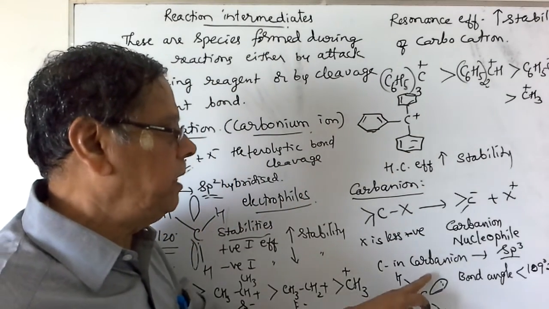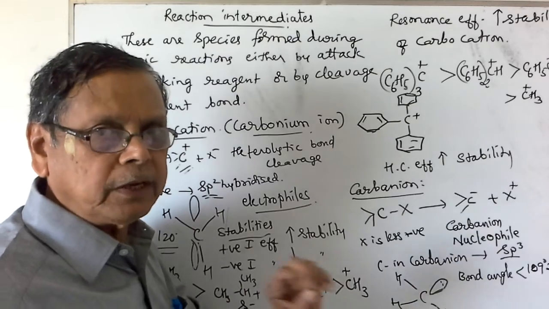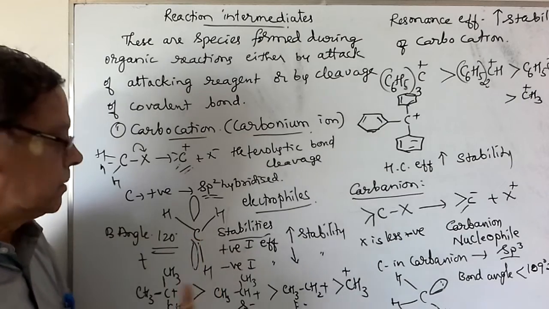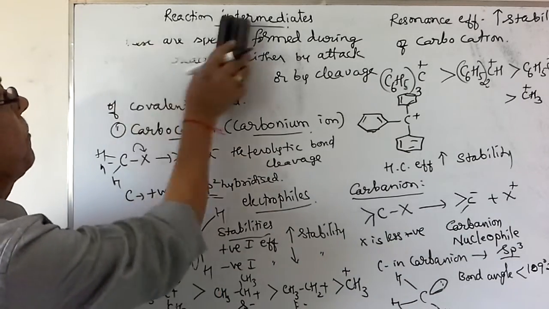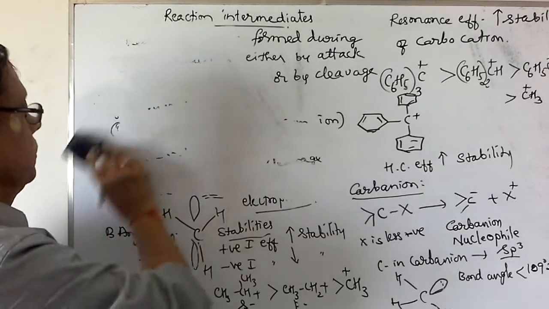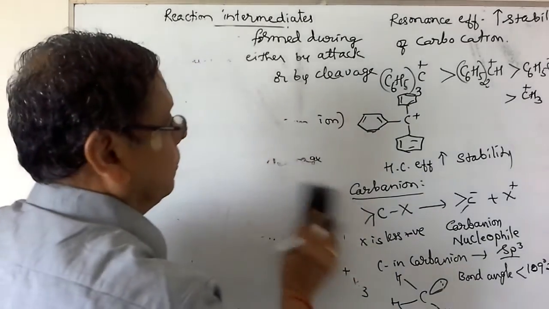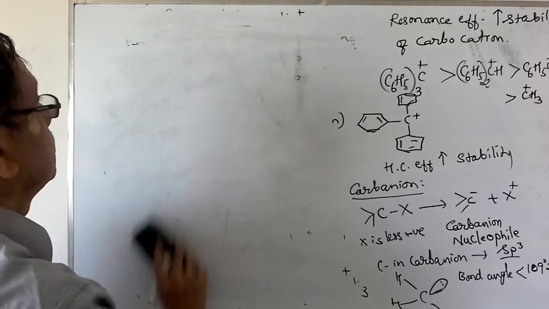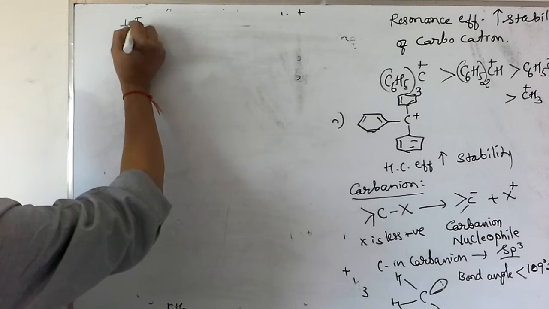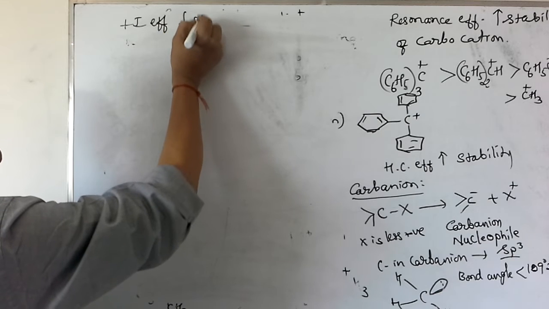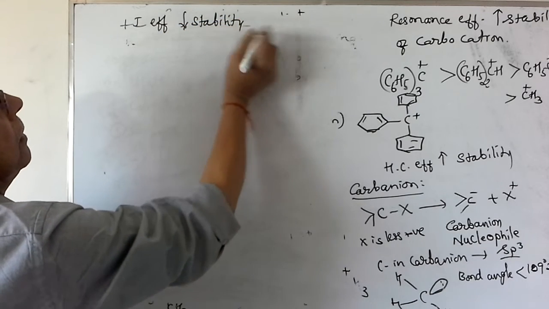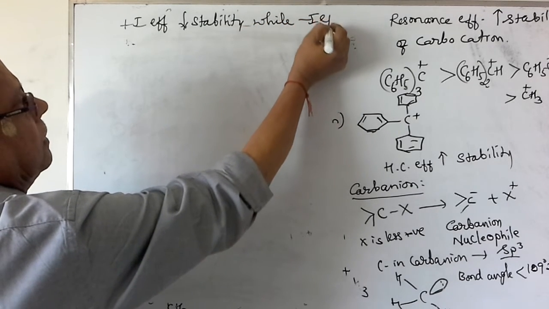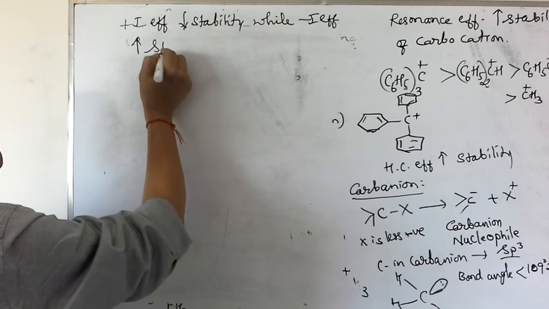Now, if you compare the stability of the various types of carbanions, whatever explanation we gave for the carbocations, it is exactly opposite. So, to write the stability of the various types of carbanions, in case of the inductive effect, positive inductive effect, plus I effect, will decrease the stability, while the negative inductive effect, minus I effect, will increase the stability of the carbanion.